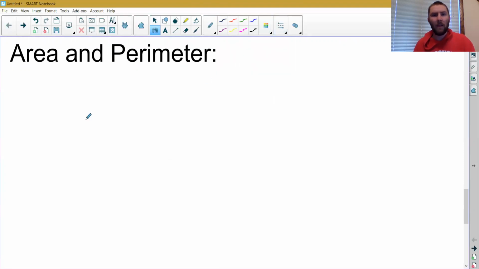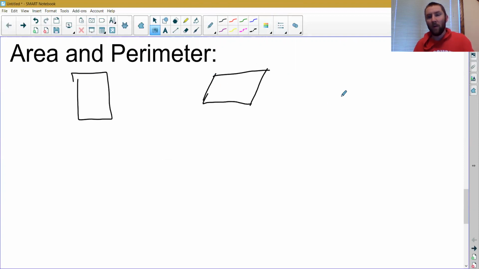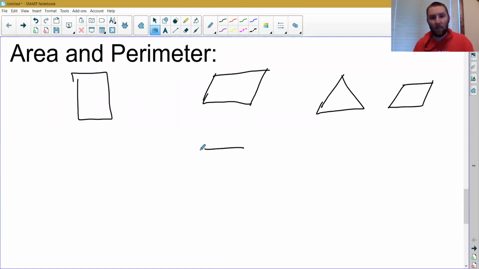So we talked about area and perimeter formulas for rectangles. We talked about it for parallelograms. Talked about it for triangles. Talked about it for rhombuses, which is sort of like a parallelogram, and then also trapezoids.